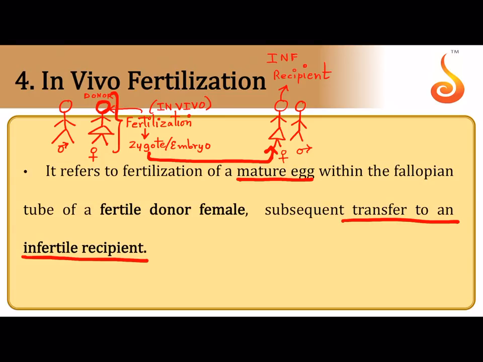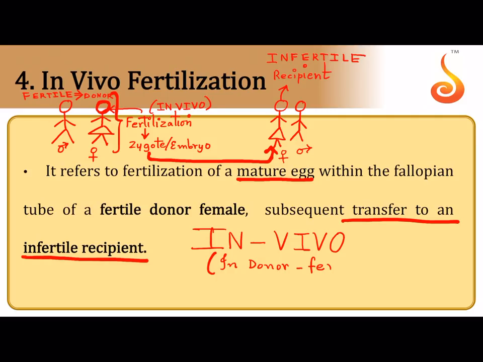Now this recipient woman is infertile, and this donor woman is fertile. The donor couple are fertile, but the recipient couple are infertile. Once again, why in vivo? Because where did fertilization happen? In the donor female.